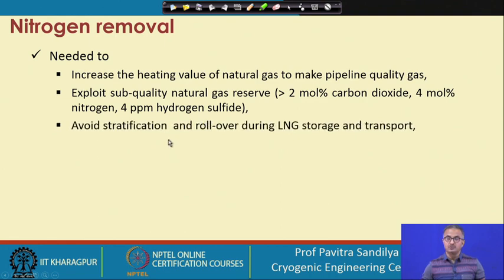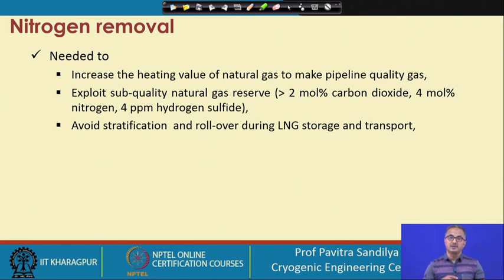We also need to see that whenever we are storing this kind of natural gas, there could be a possibility of stratification. This comes due to a difference in the densities, which is caused by the heat leakage from the ambient, so that the liquid which is near the wall gets heated up and starts moving up, and the liquid which is colder on the inner side starts coming down.